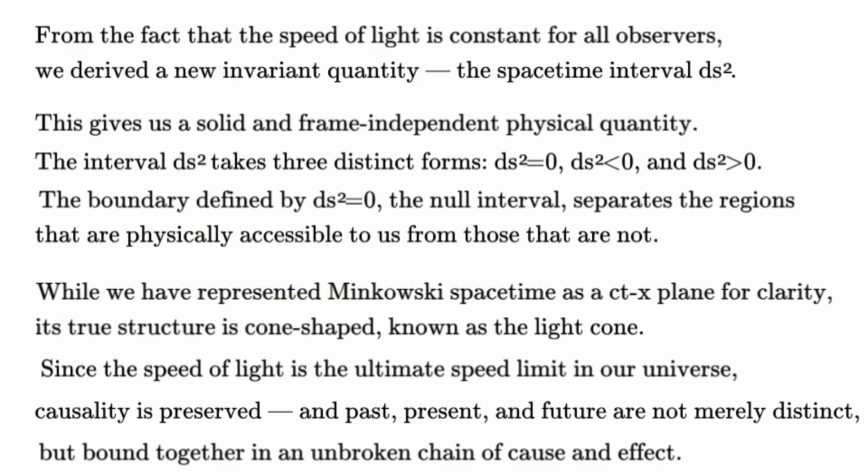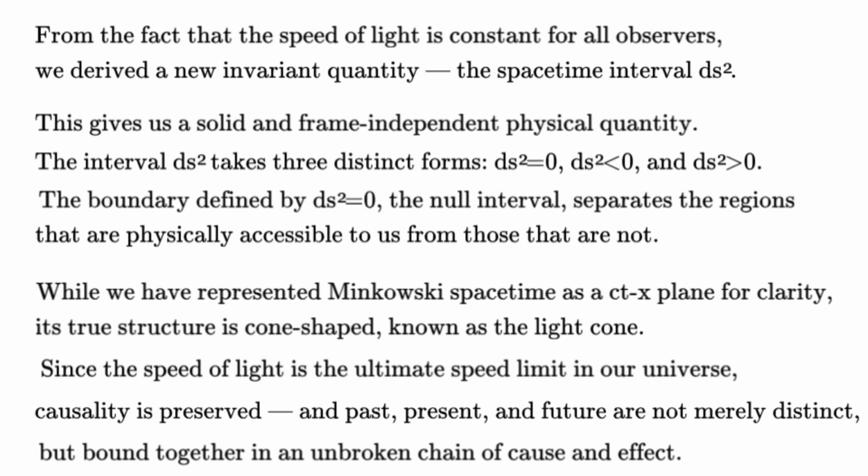From the fact that the speed of light is constant for all observers, we derived a new invariant quantity, the space-time interval ds squared. This gives us a solid and frame-independent physical quantity. The interval ds squared takes 3 distinct forms: ds squared equals 0, ds squared less than 0, and ds squared greater than 0.